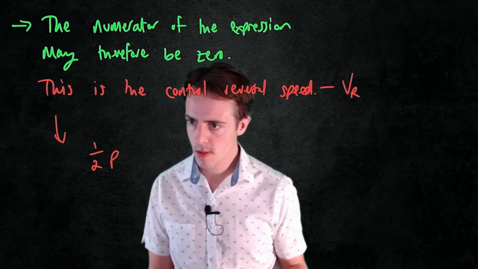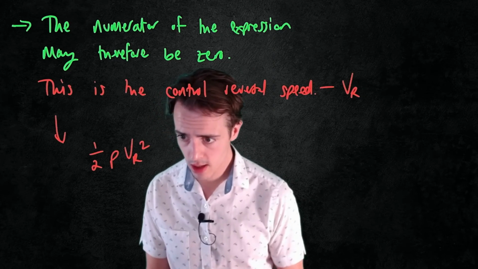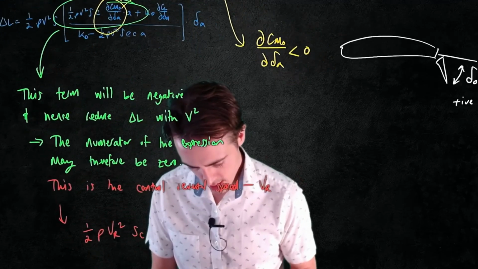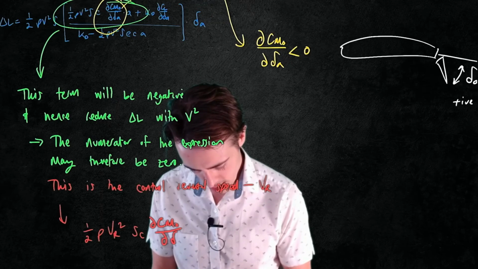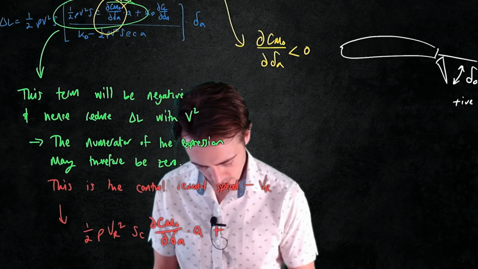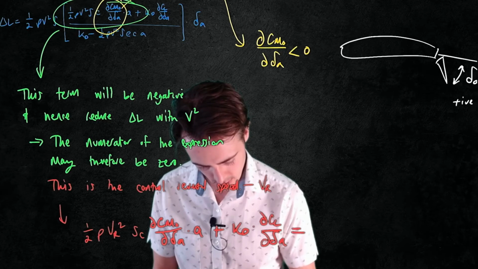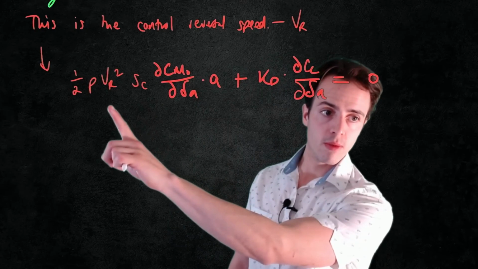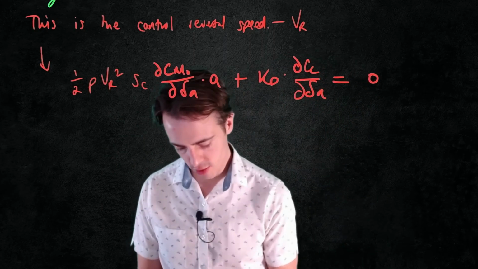Okay, so that's going to be half rho VR squared S C, let me just think about what I've got in here, dCm naught d delta A multiplied by A plus KD. So when that whole numerator is equal to 0, that's only possible at the control reversal speed. We can then just solve this expression for the control reversal speed.